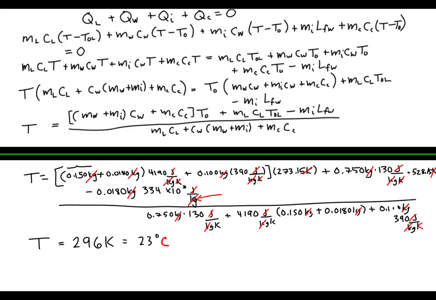It's significantly less than the initial temperature of lead, but that's okay because lead has such a low specific heat in comparison to water and in comparison to ice that it makes sense that the final temperature will be closer to the initial temperature of the water and ice than it is to the initial temperature of the lead. So I feel pretty good about this answer, and I'm going to box it.